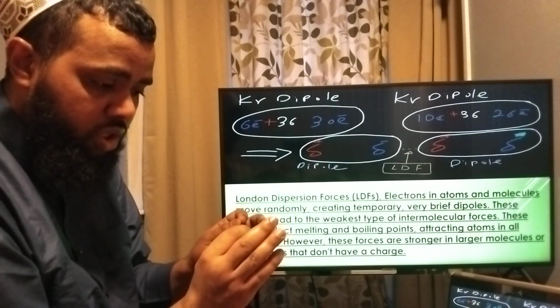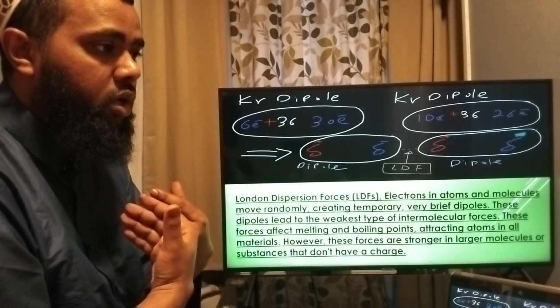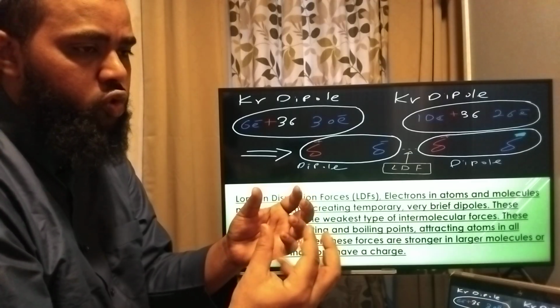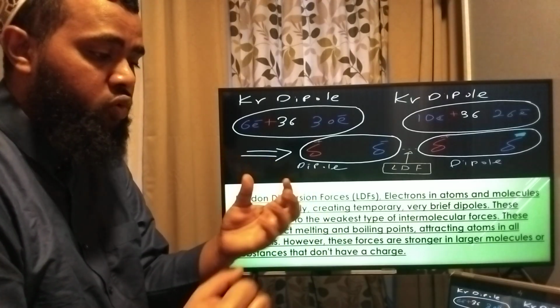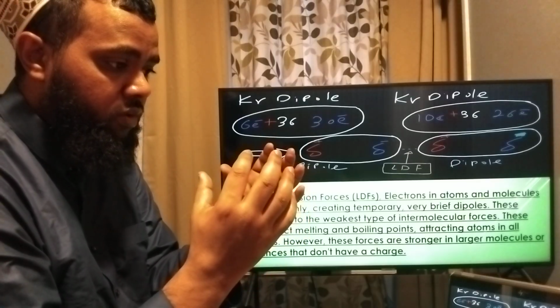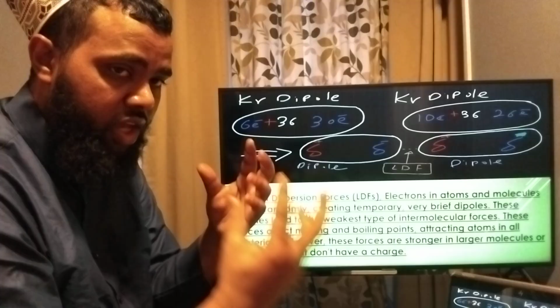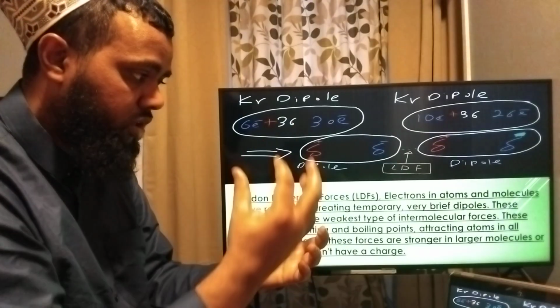This results in a positively charged region and a negatively charged region, which leads to two poles, dipoles, partially positive and negative.